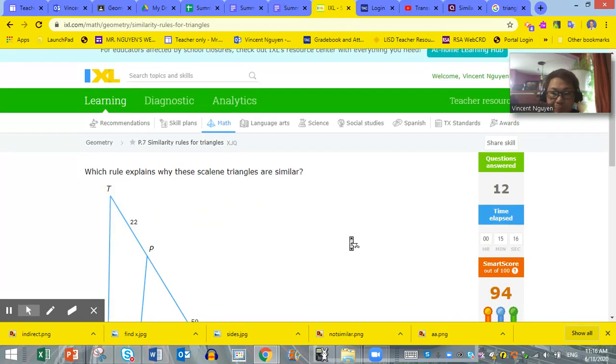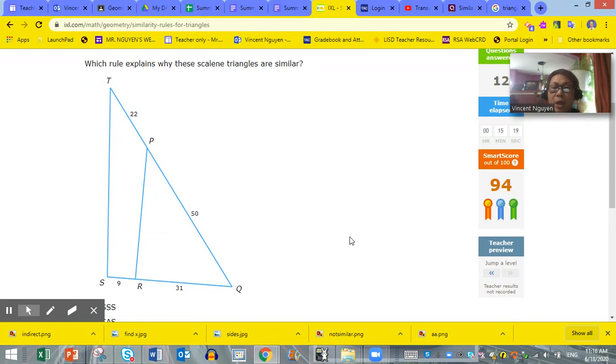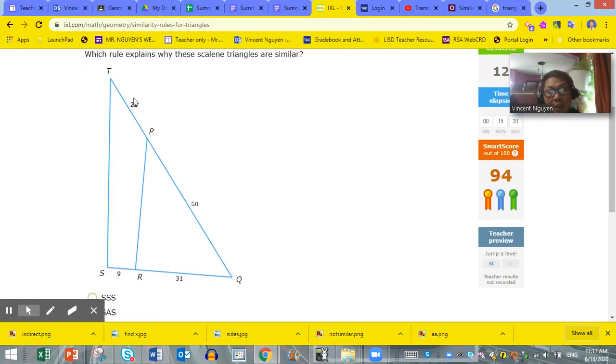There you go. Which rule explains this? Again, these lines do not look like they're parallel, but technically you can't really assume that. Somebody could be messing with our heads, so we need to look at the numbers. 22 compared to 9 versus 50 compared to 31. Let's do the math.